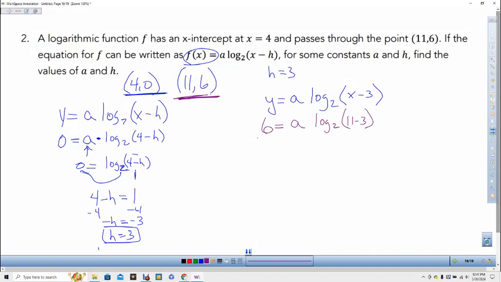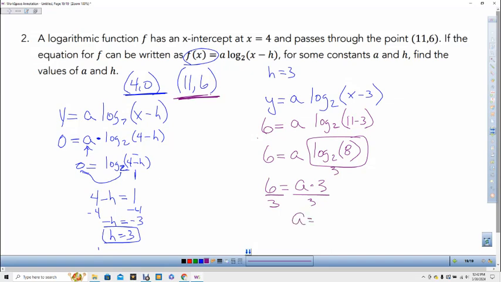All right, so then we can start simplifying, and 11 minus 3 is going to be 8. So 6 equals a times the log base 2 of 8. And the log base 2 of 8, this thing right here, we know to be 3. So 6 equals a times 3, and we can just divide both sides by 3, and a equals 2.